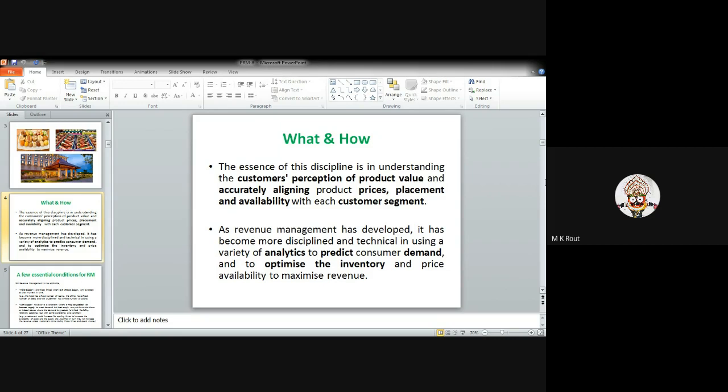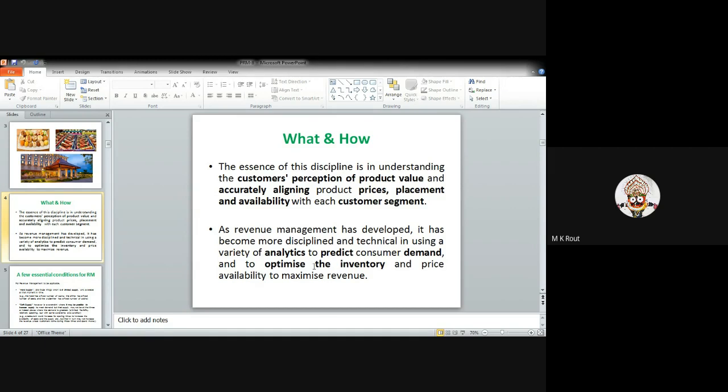These are the things which greatly enhance sales revenue, and directly or indirectly affect your company's revenue generation: customer perception of product value, accurately aligning product price, placement, and availability of product with each customer segment.